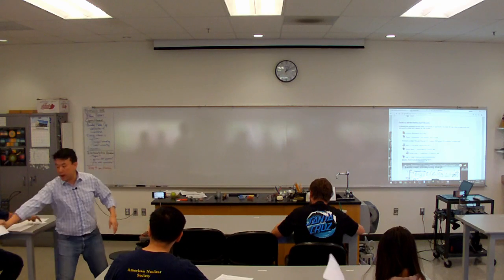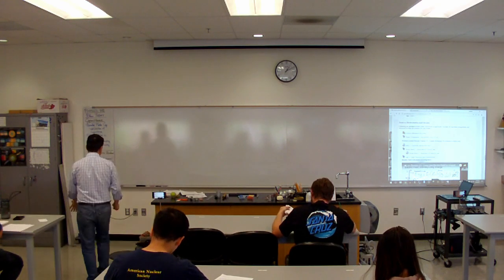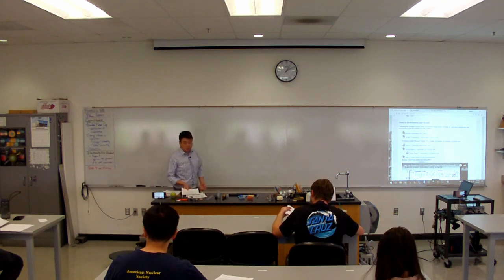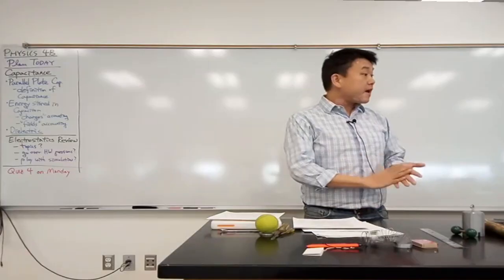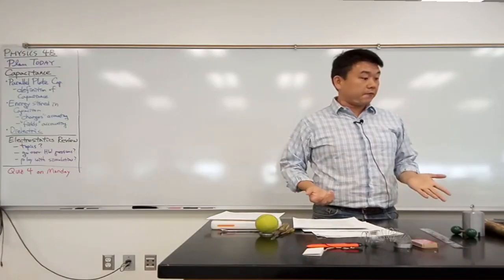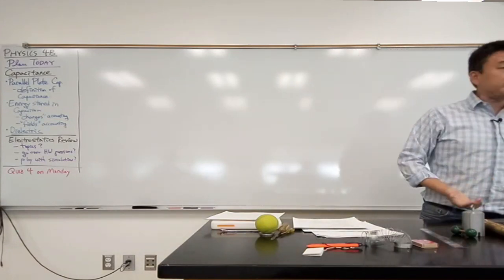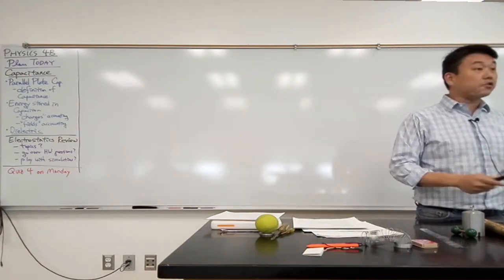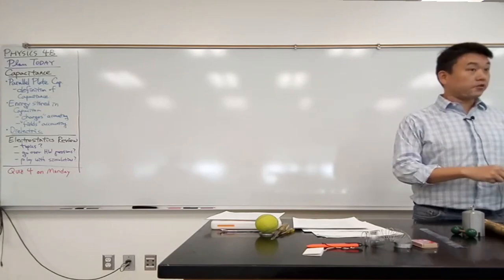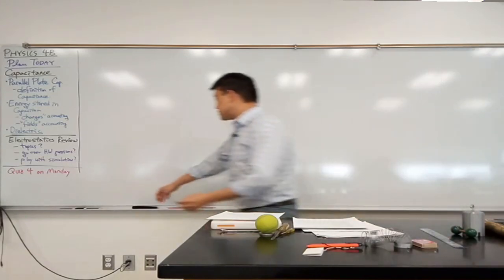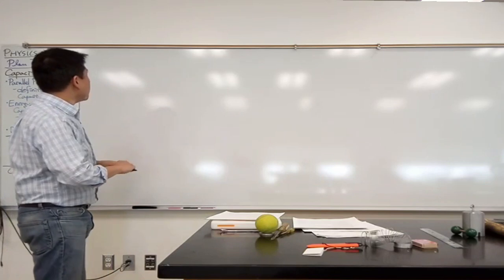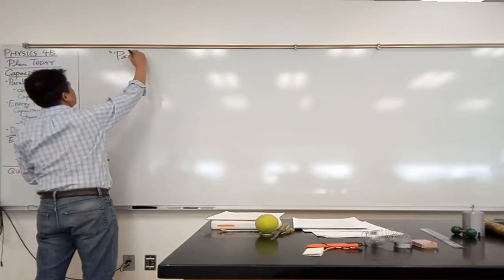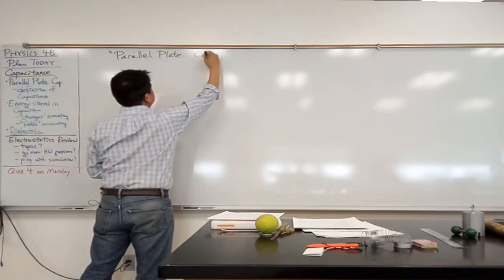Then let me move on by describing the system that forms what we are going to refer to as a capacitor. It's actually a setup you have seen before. Let's use this as an example of working out electrostatics for a particular situation. So imagine this setup. You have a parallel plate capacitor.